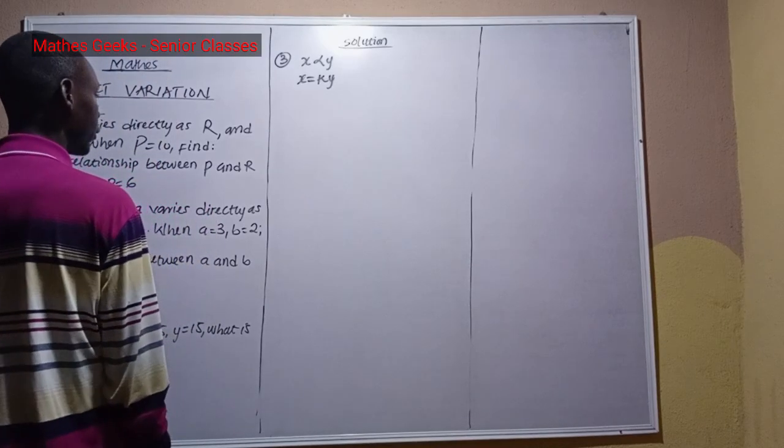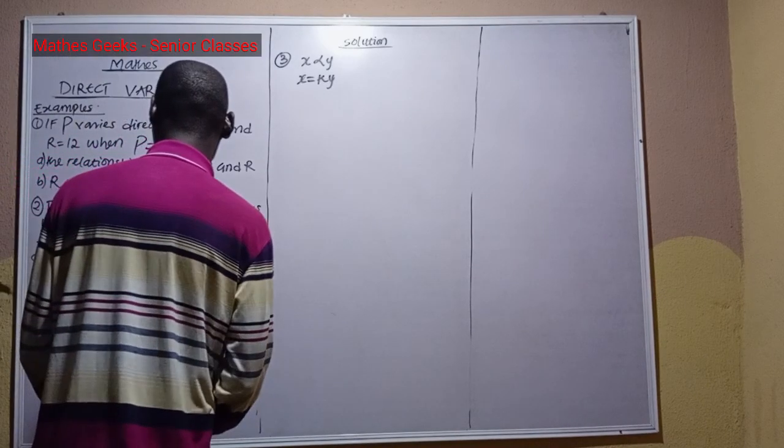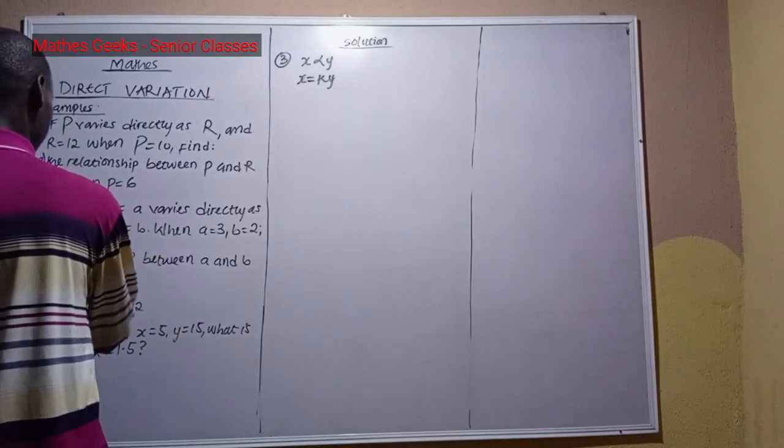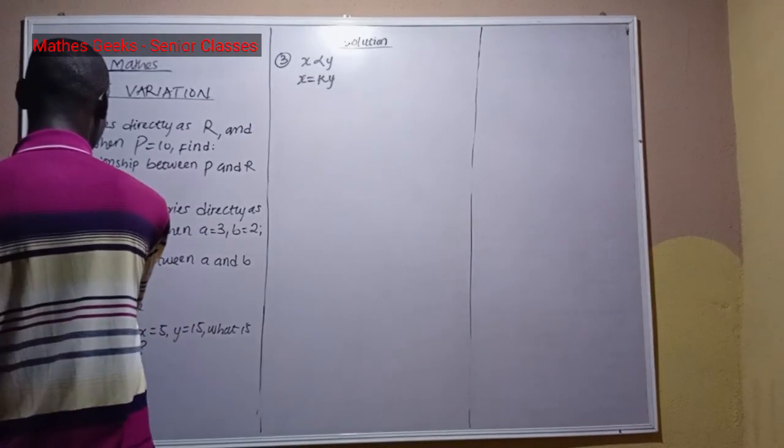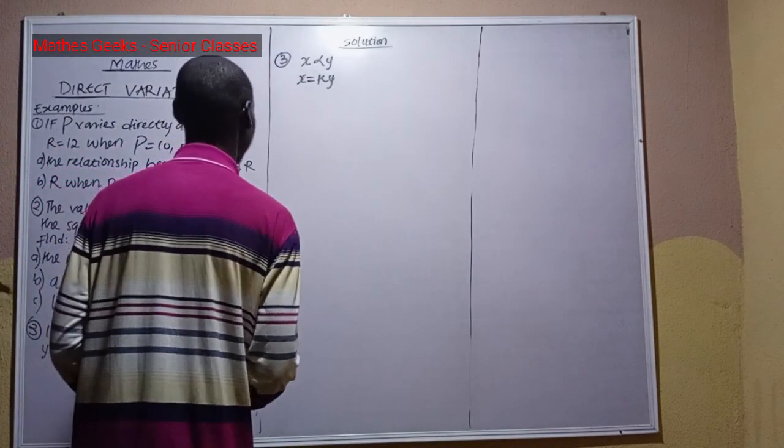So once we get it, we derive the formula connecting X and Y, and then from there we get the value of Y when X is 1.5.